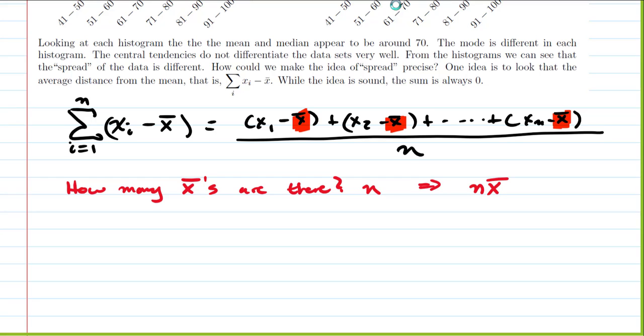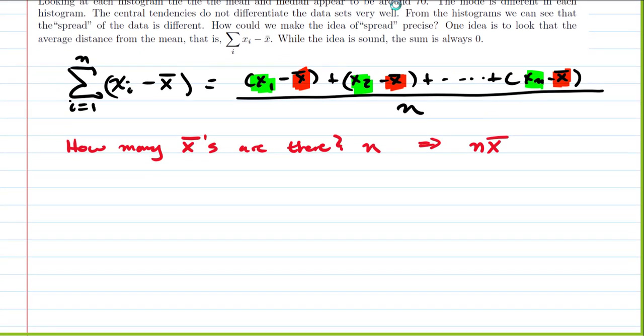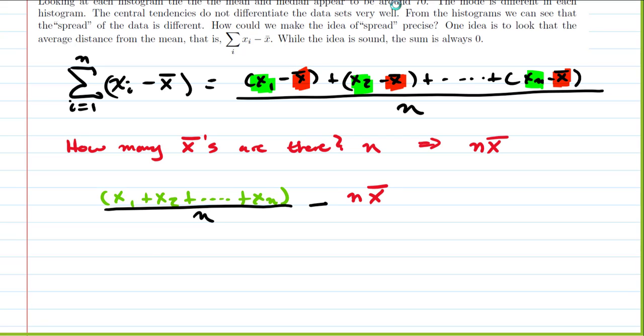If we regroup these things as such, we would have x1 plus x2 plus dot, dot, dot, all the way out to xn, divided by n. All of the x bars are negative, so minus, and then we had n of these x bars, so n times x bar divided by n.